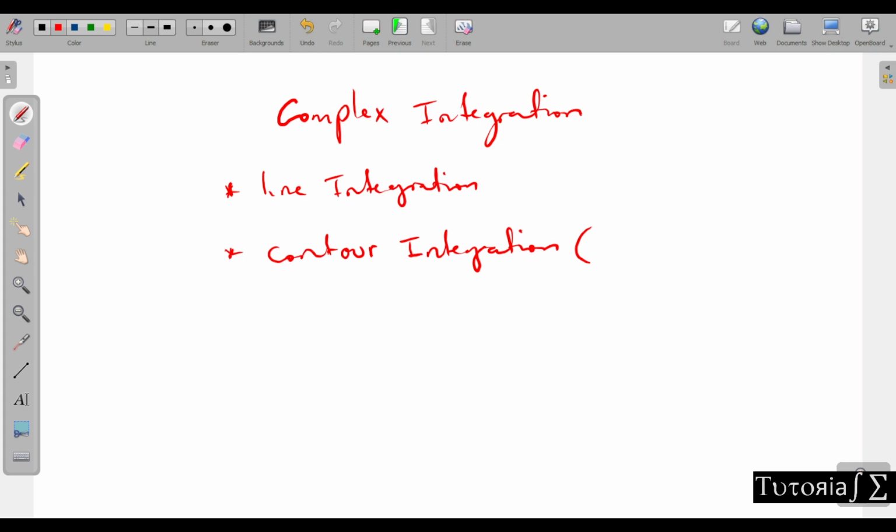Now, under contour integration, we are supposed to learn two methods that we can use to integrate. The first method, which is this lesson, will be based on the residue theorem.